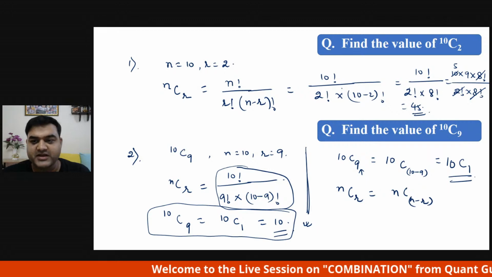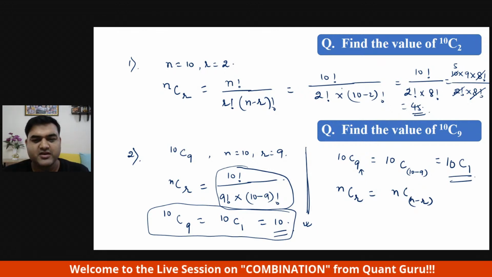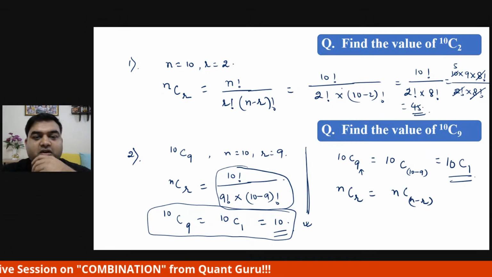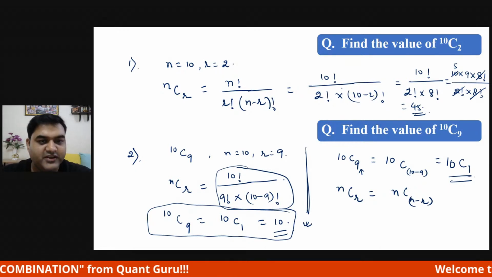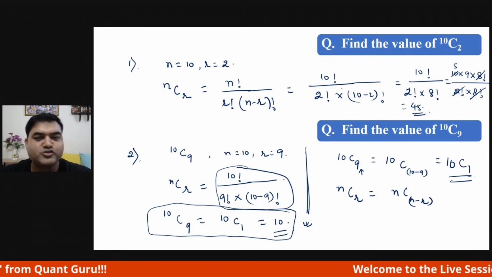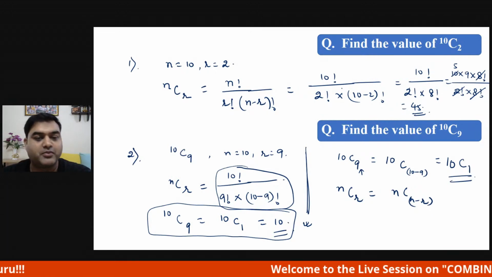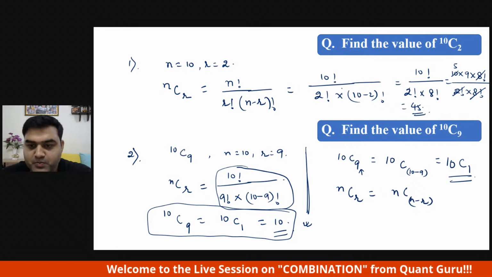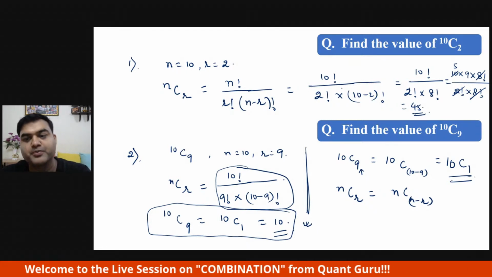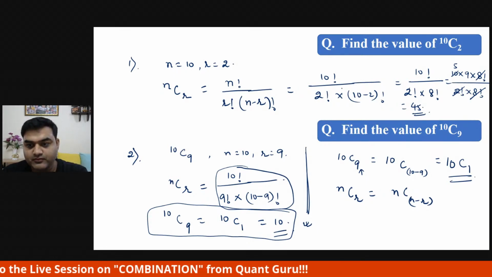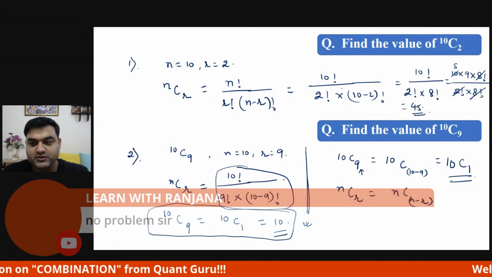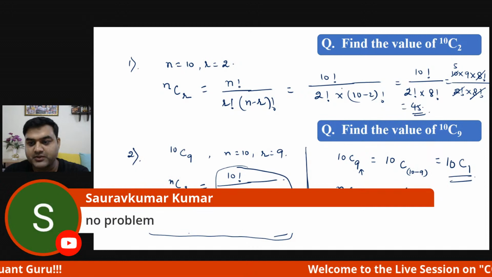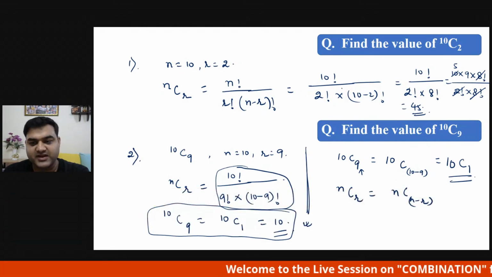Let me know if anybody has any problem with this, because this is the very start of the introduction part, which I'm sure most of you know. If not, I would like to repeat that. Not at all a problem. No problem. Wonderful. Thank you, Ranjana. Saurav is telling no problem. Wonderful, and many others.